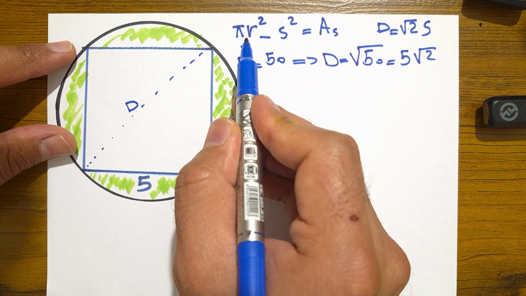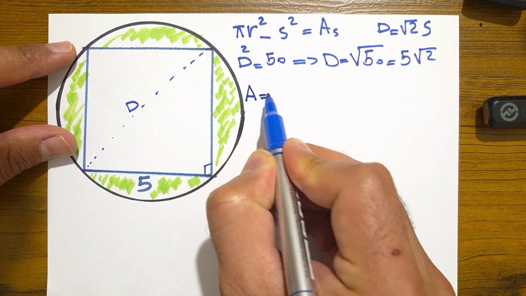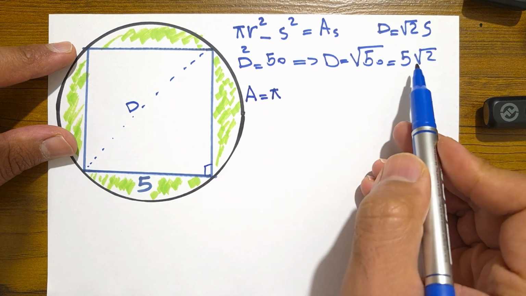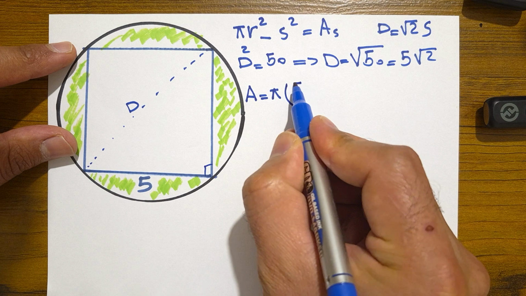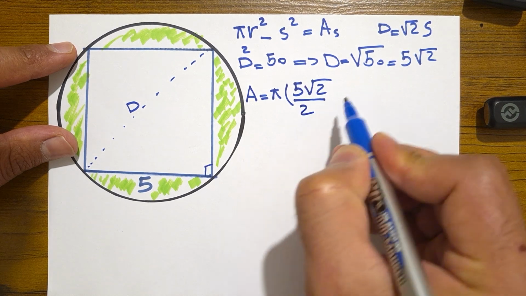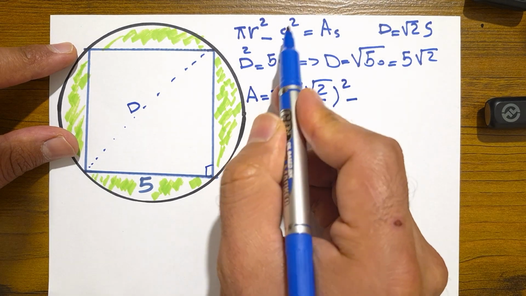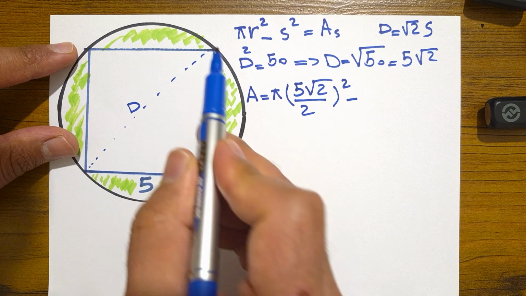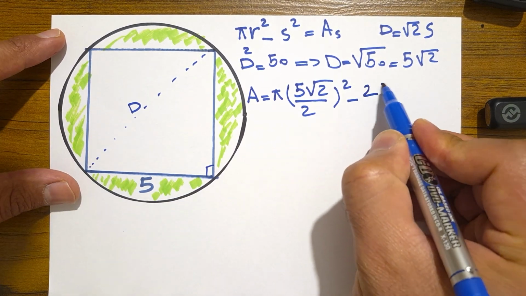So now we can just substitute into this formula. The area of the shaded region equals pi r squared. So divide by 2, then squared. 5 square root of 2 over 2 squared, minus the area of the square. So area of the square is 5 squared, or 25.